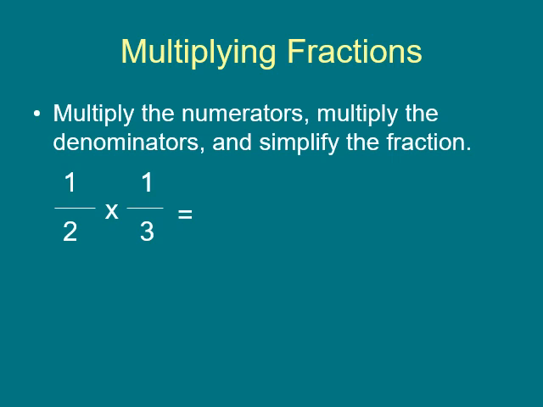1/2 multiplied by 1/3. The first thing you can do, numerator, which is 1 and 1, just multiply it. And denominator 2 and 3, just multiply it. So 1 times 1 is equal to 1.